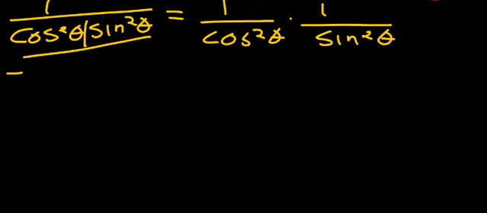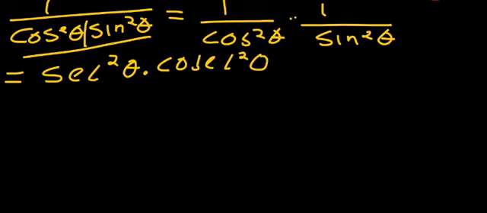Now 1 over cos squared theta is equal to secant squared theta, because 1 over cos theta is an inverse function of secant, and 1 over sine theta is an inverse function of cosecant. And remember there is multiplication there, so multiplied by 1 over sine squared theta, which is equal to cosecant squared theta.